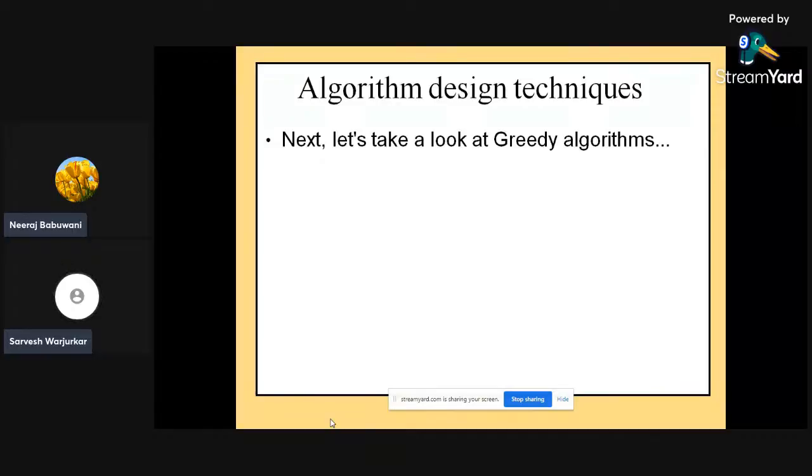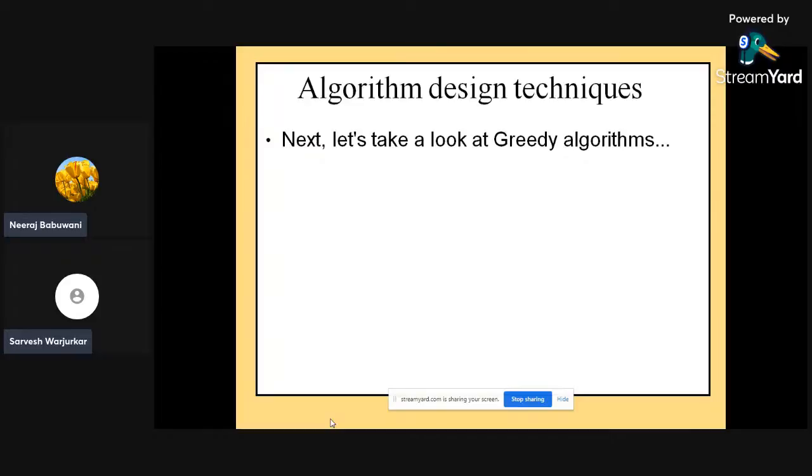That is all about divide and conquer. Now we'll go with the greedy approach. What is greedy?